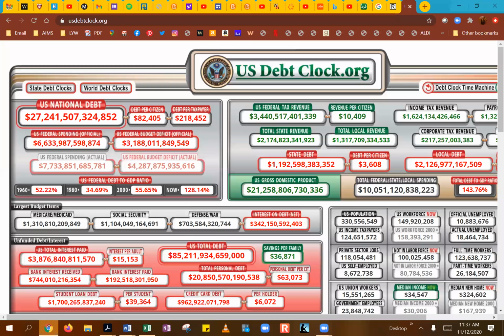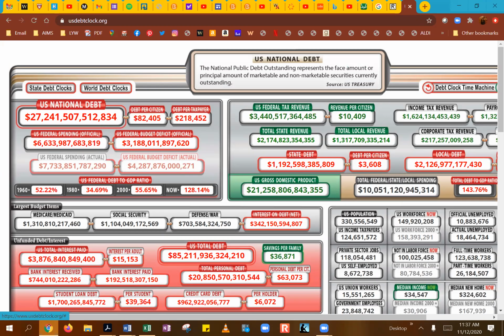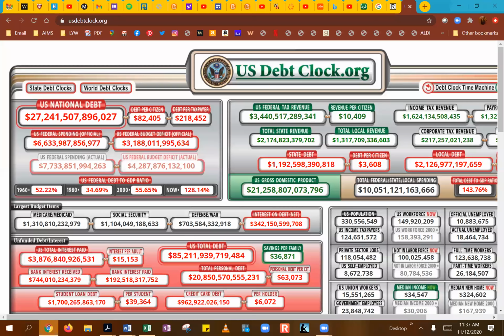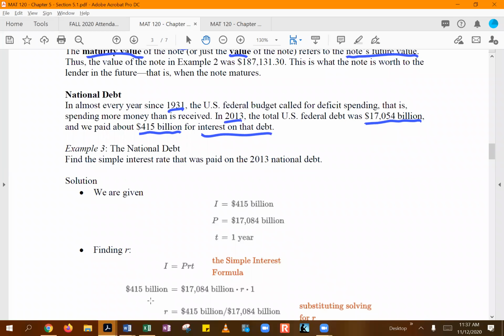So that's actually right here on the left hand side. You can see the 27 trillion 241 billion 507 million, and of course the thousands, they are just going to keep growing. So 27 trillion and counting in our US national debt. And you can see just 7 years ago we were just at 17,000 billion. Huge growth.